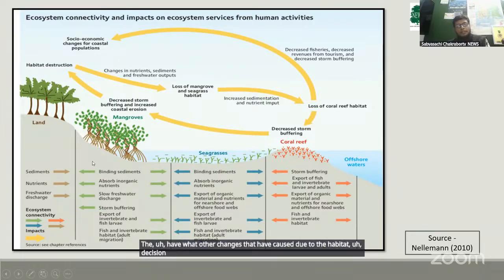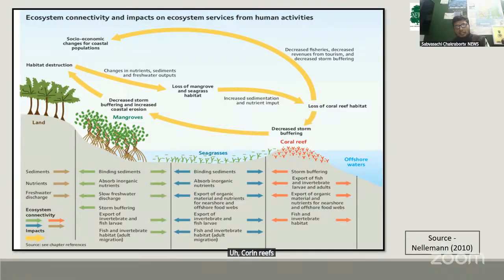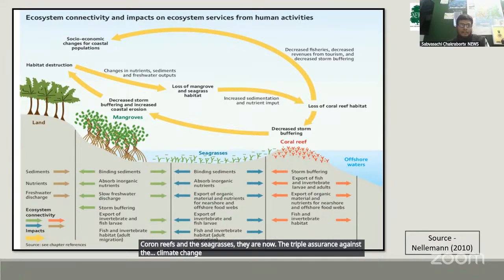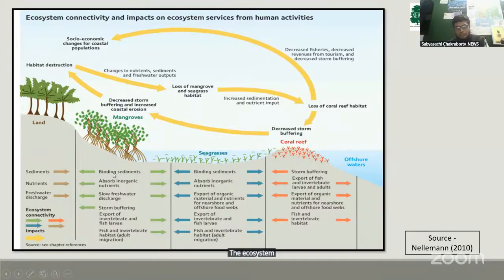We know that mangroves, coral reefs and the sea grasses are now the triple assurance against climate change, and the destruction of these actually badly impacts the ecosystem as well as the human activities.